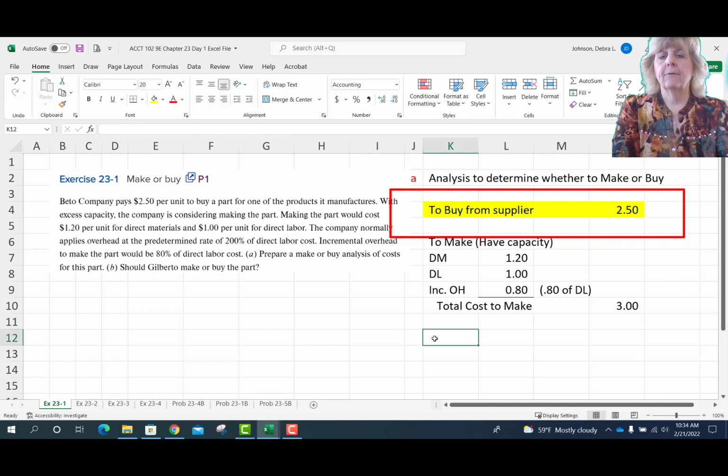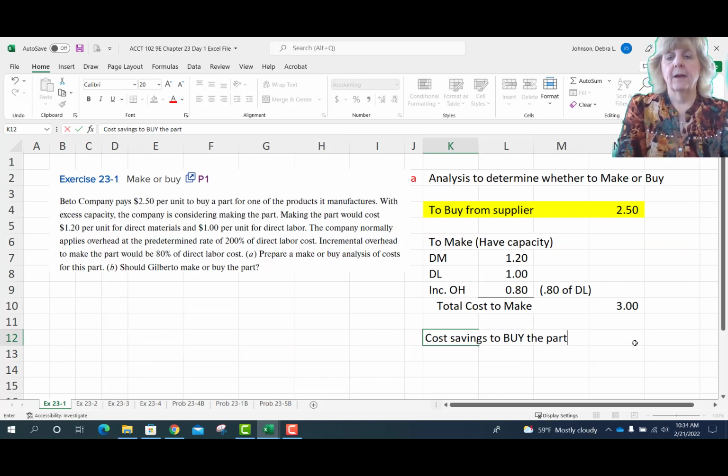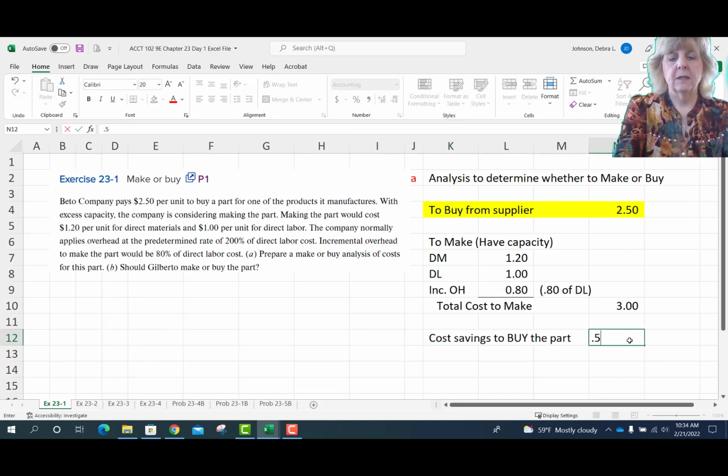And in your final answer, especially if you are doing this by hand on a piece of paper, make sure you let the user know which option you are recommending. So I'm going to call this cost savings to buy the part, and that would save us 50 cents.